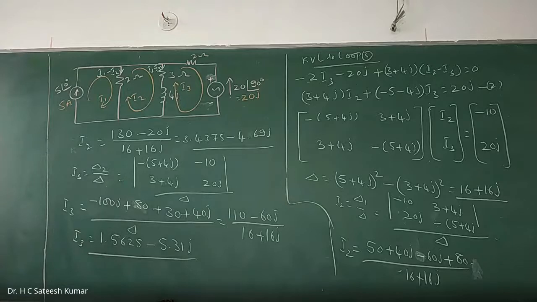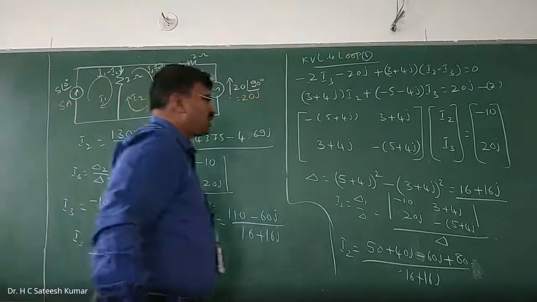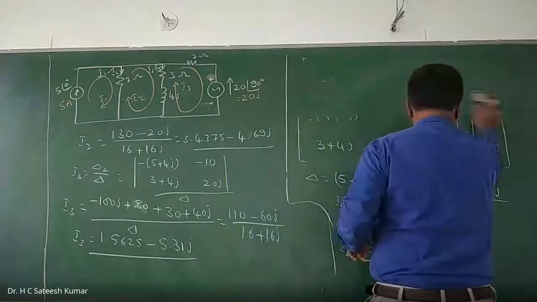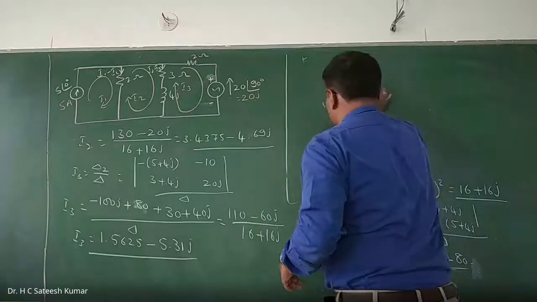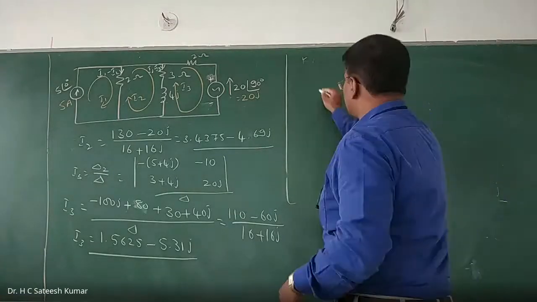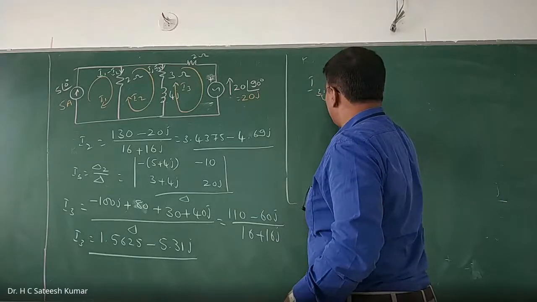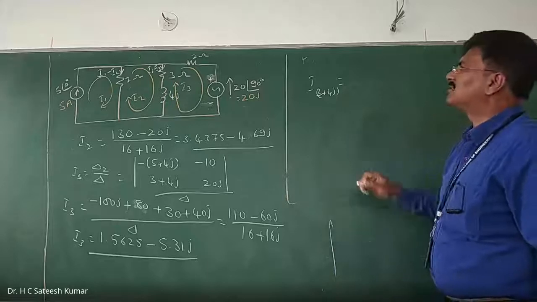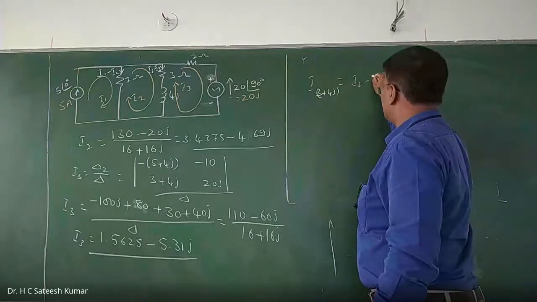Okay, is that okay? Now what is being asked? Find the current flowing through the load. He called it the load. That's all. We have to find the current flowing through the 3 plus 4j resistance. Current flowing through 3 plus 4j is nothing but I2 minus I3.